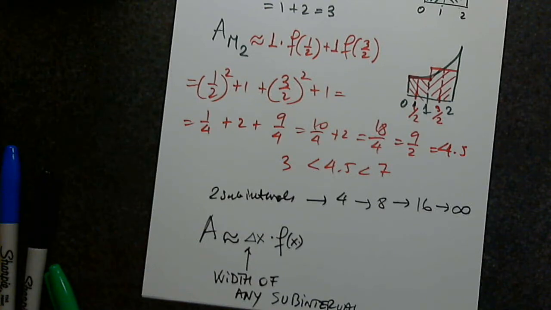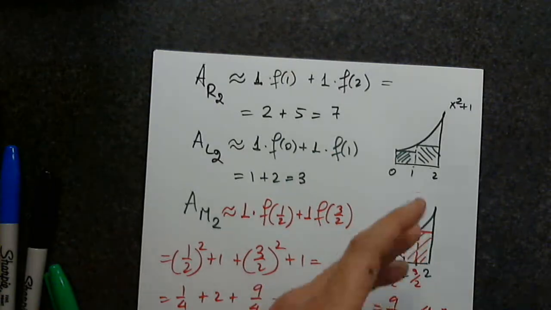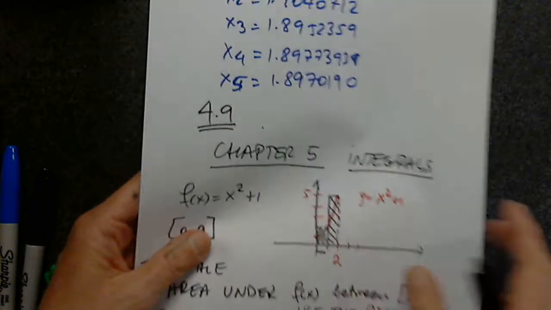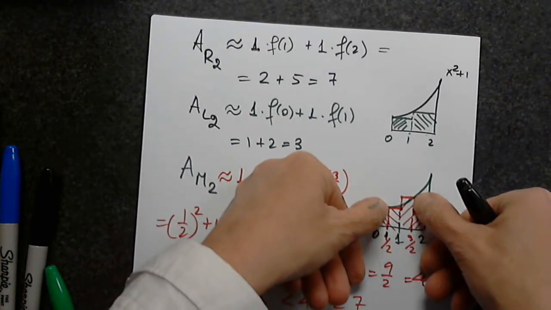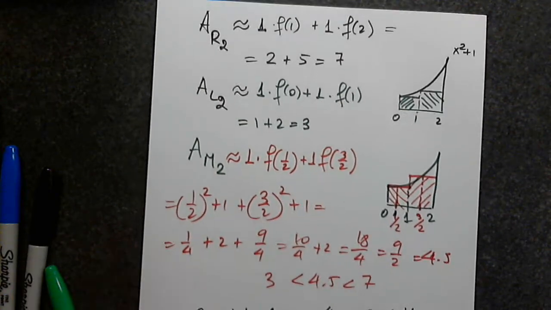We had three options for f of x: using the rightmost point, using the leftmost point, or using the midpoint. But it's still f of x. In all situations, I had to plug that particular x value into the function, right?